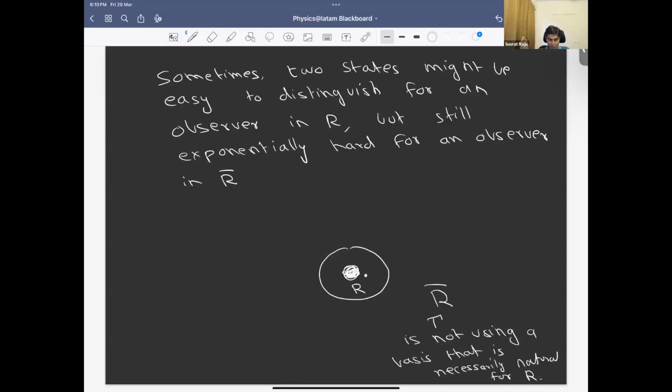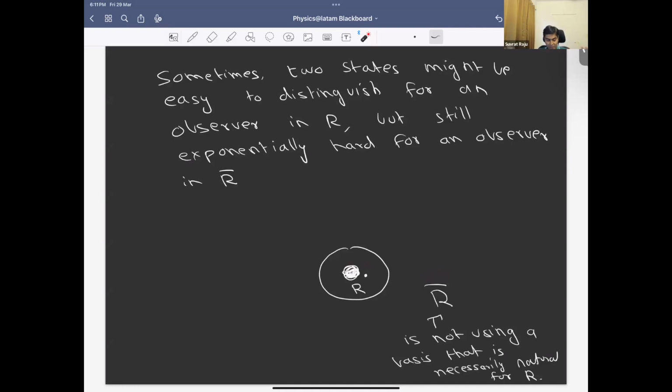But physically, the observer in R might have a basis where they say, this corresponds to an excitation of a photon, and there are other possible changes of the microstate that don't correspond to anything. When we say there's a meaningful excitation, we're not saying that we acted with some random operator, but that we acted with a specific operator that created some specific combination of phases or excited some particular degrees of freedom. The observer in R bar has no way of knowing that there's some natural basis in which you change the microstate from this one to this one. So there might be some states which are easy to distinguish for an observer in R, but still exponentially hard for an observer in R bar.